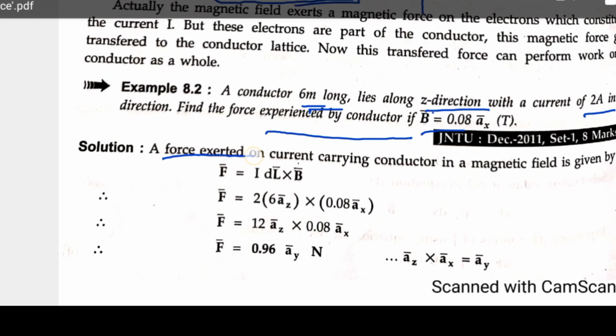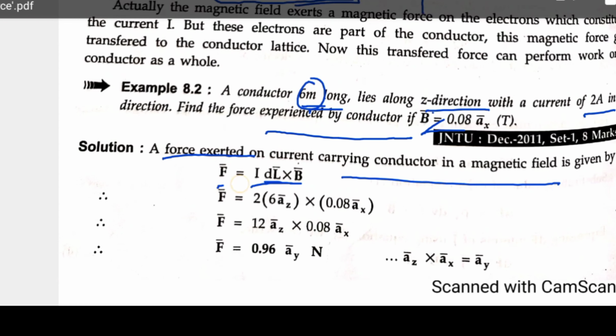The force exerted on a current carrying conductor in a magnetic field is given by F equal to I dl cross B, or we can also use F equal to BIL sin theta. B bar and current I are given, and dl is the length of the conductor, 6 meters.